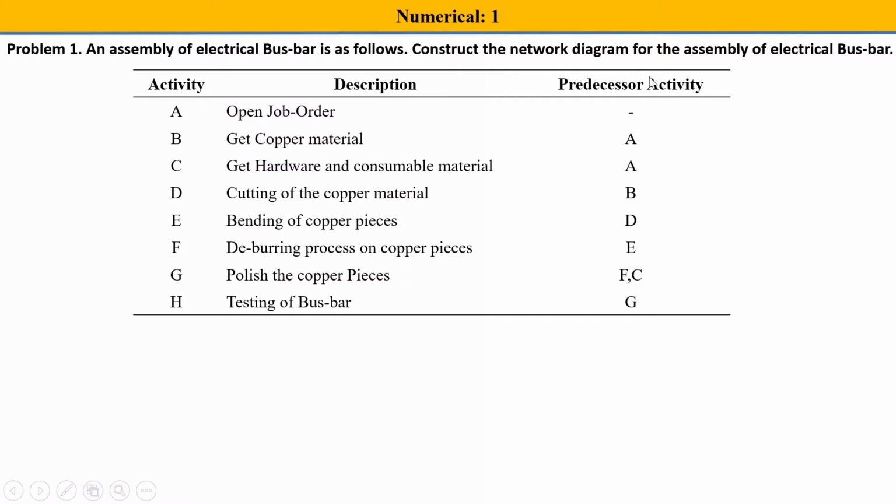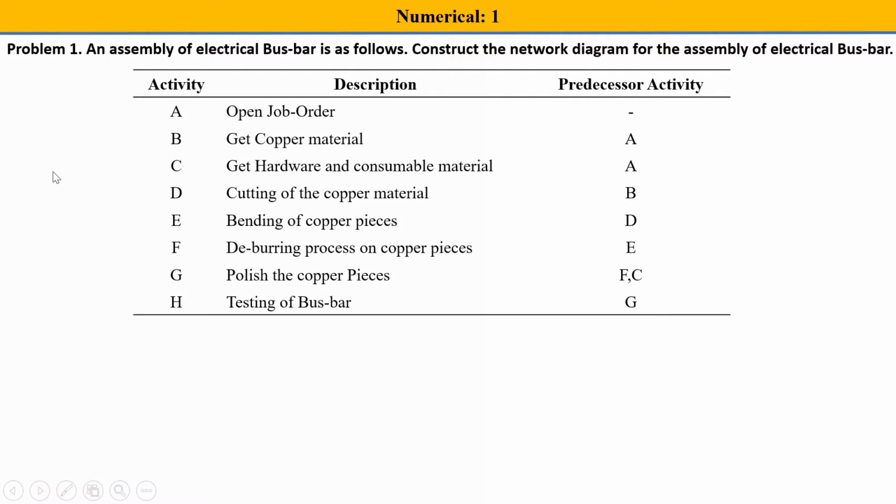The predecessor activities are also given for each activity. As we see in the definition, a predecessor is one activity which does not allow another activity to start until it is complete.